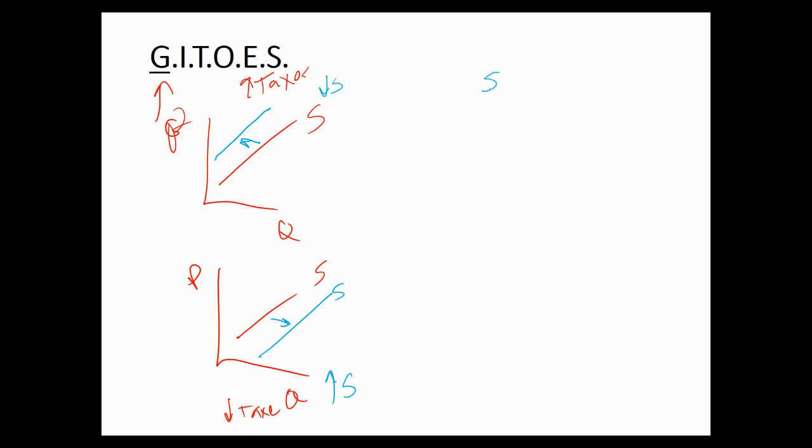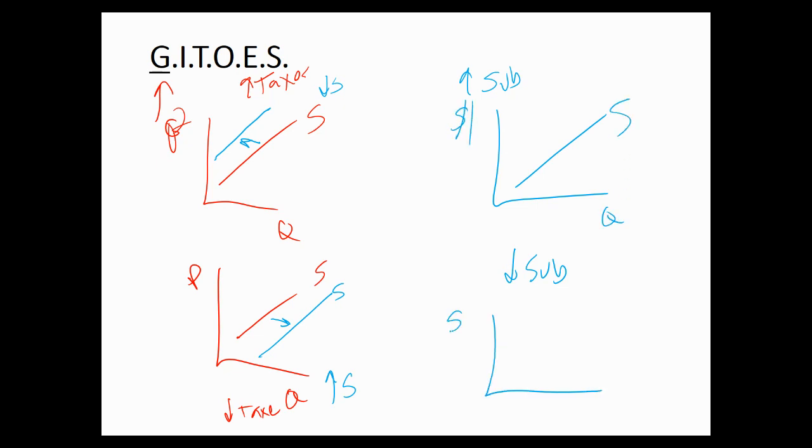Now, if we look at subsidies, if we increase subsidies or if we decrease subsidies, so let's draw those out. Always label everything. Try my best. Sometimes I forget. So let's say if they increase subsidies, that means they're giving firms money.